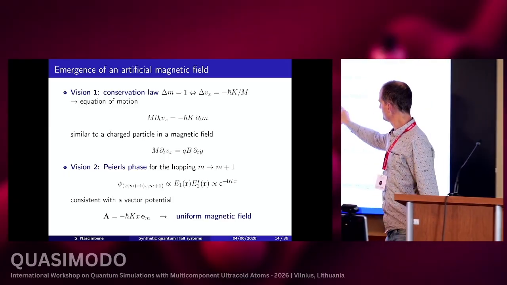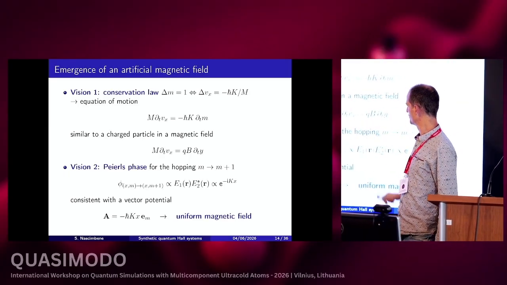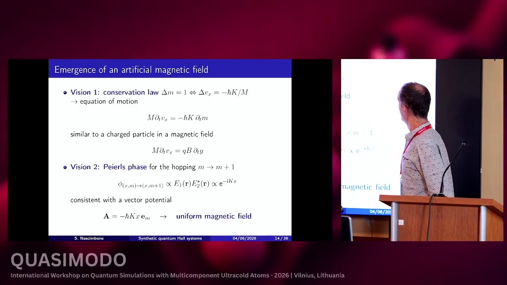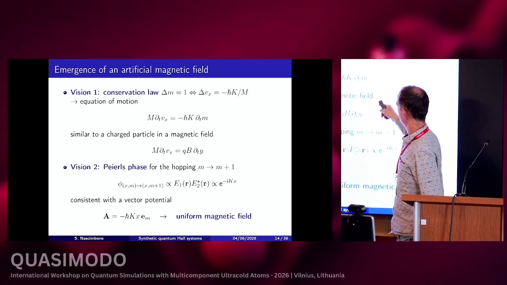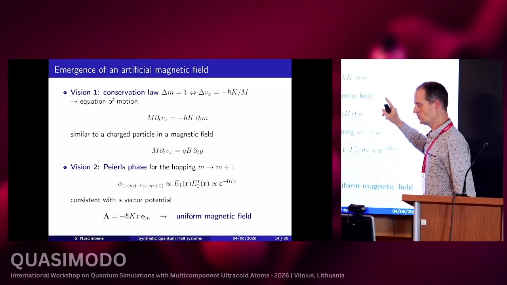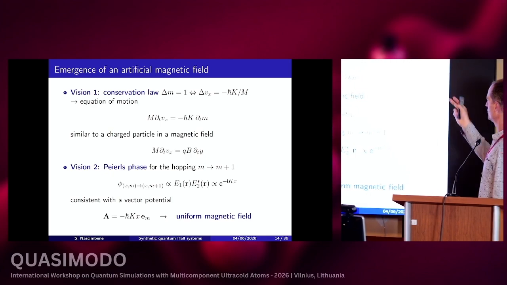And I write below the equation of motion of a charged particle due to the Lorentz force. And you see that the 2 equations are essentially the same as soon as you say that n plays the role of time. So we have a Lorentz force.